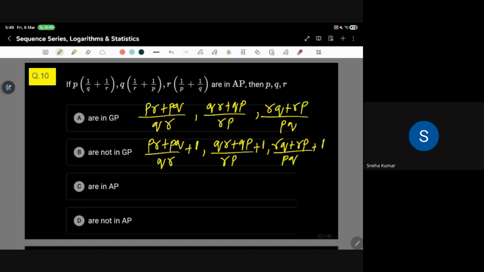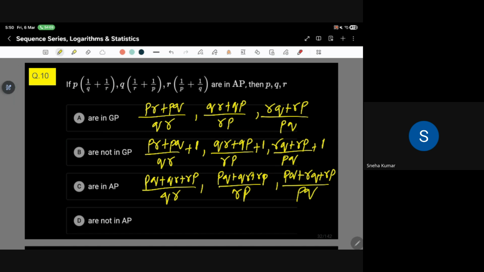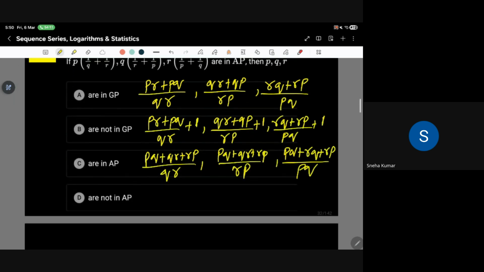Okay. So these terms are still in AP. So the numerator will become PQ plus QR plus RP. Here also the numerator will become PQ plus QR plus RP. Now divide every term by the same numerator.